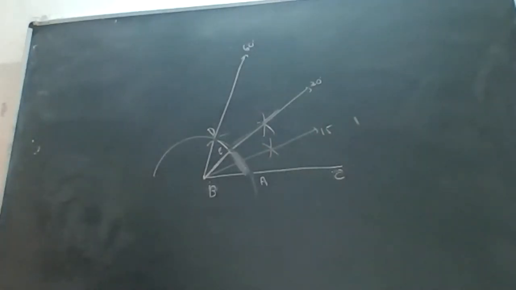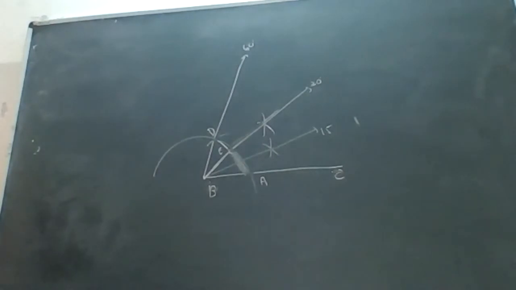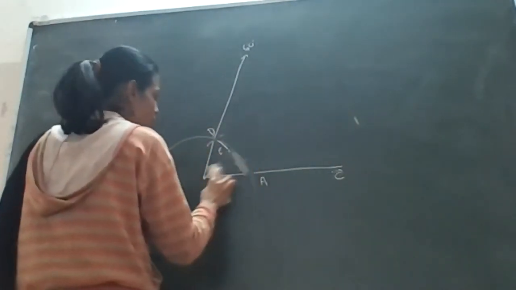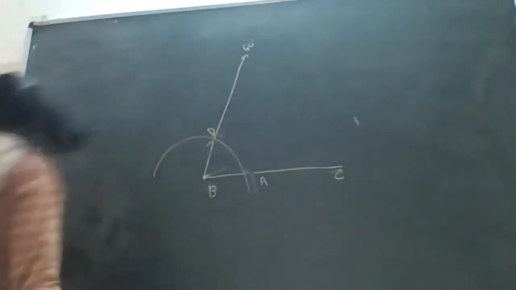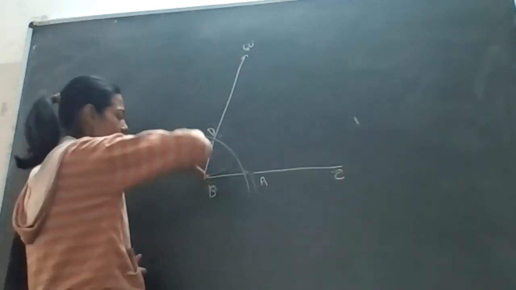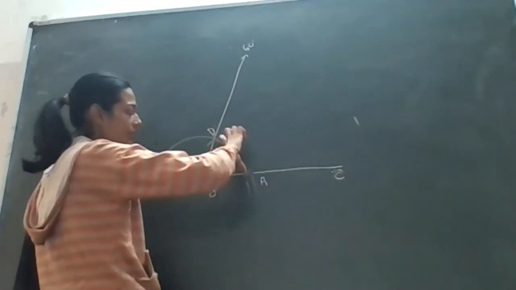Now, if you want to draw this 90-degree angle, what you are going to do? You should know that the 90-degree angle will come between 60 and 120. So by the radius you have to draw one arc over here, a half circle. From A, one arc here.